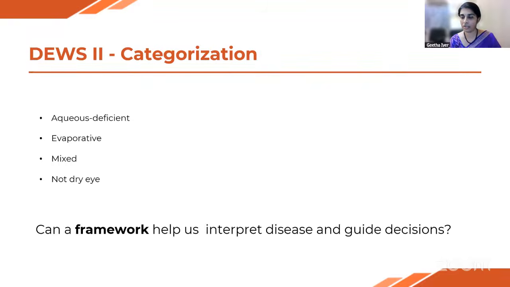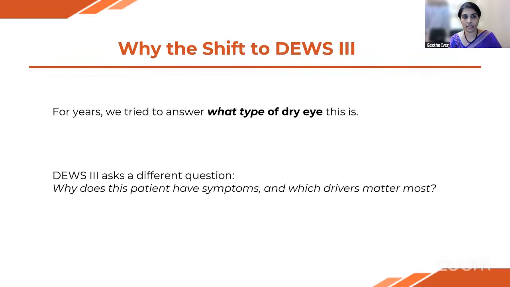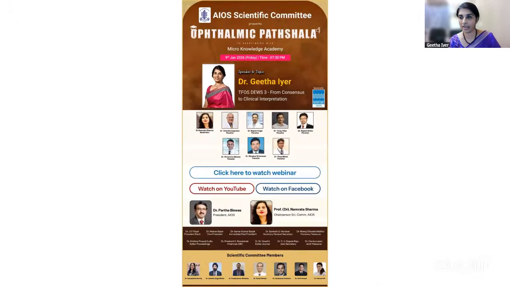And the question that was lingering in the minds of the experts was, can a framework help us interpret disease and guide decisions? For years, we have tried to answer what type of dry eye this is. DEWS 3 asks a different question: why does this patient have symptoms, and which are the drivers that matter the most?